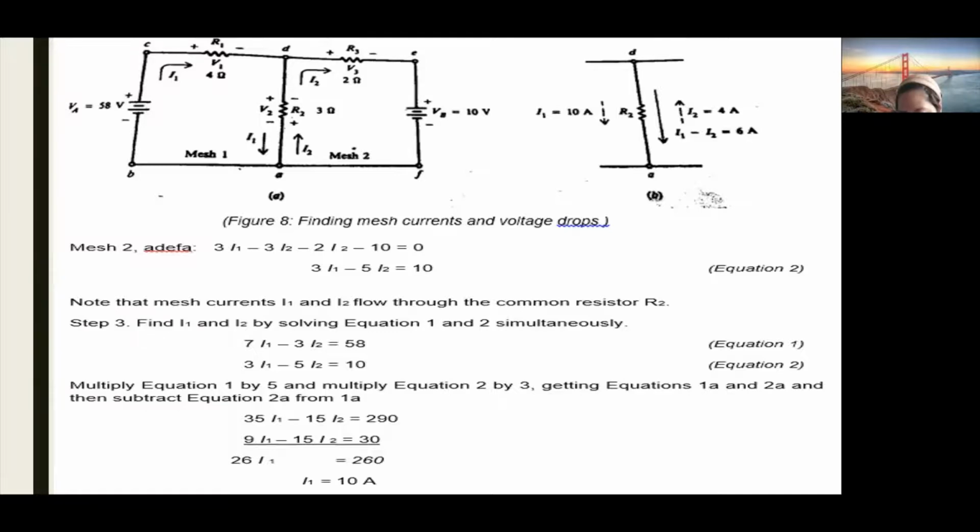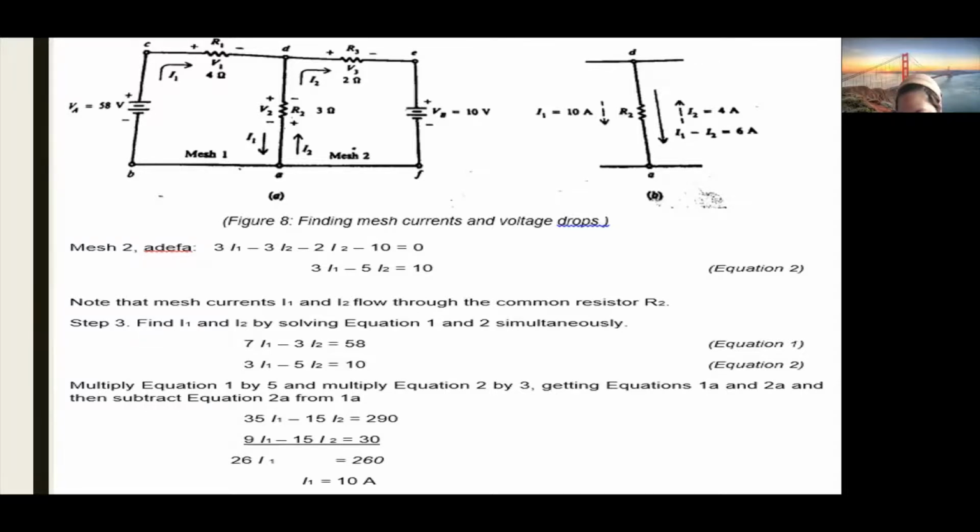So 5 times 7, 35. 5 times 3, 15. 5 times 58 is 290. Then for the second equation, multiply it by 3. So 3 times 3, 9. 3 times 5, 15. 3 times 10 is 30.